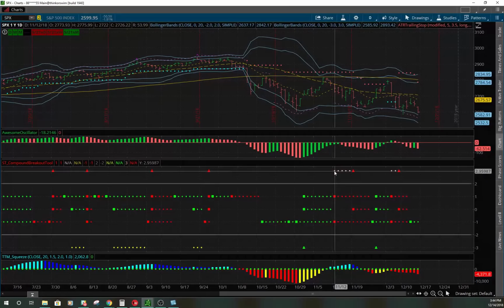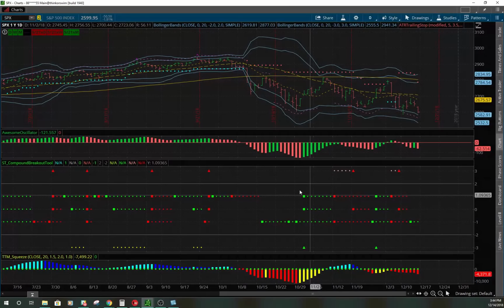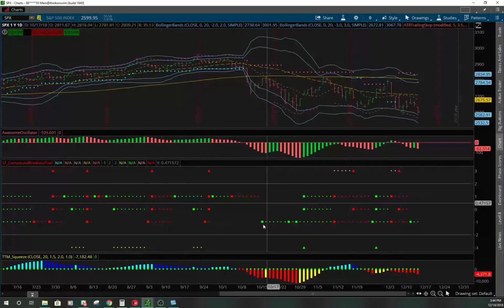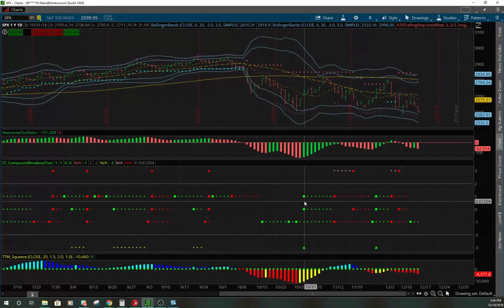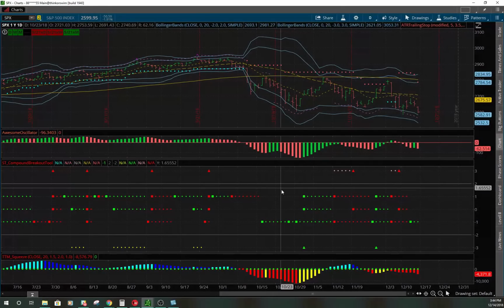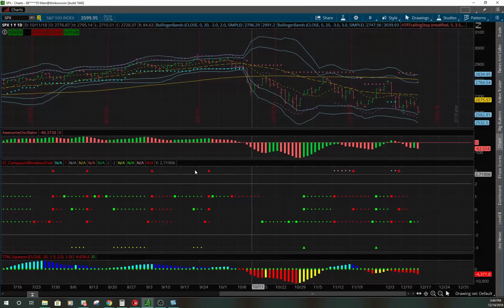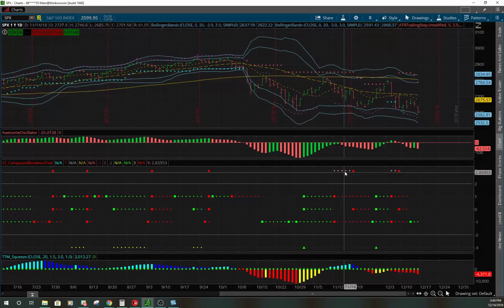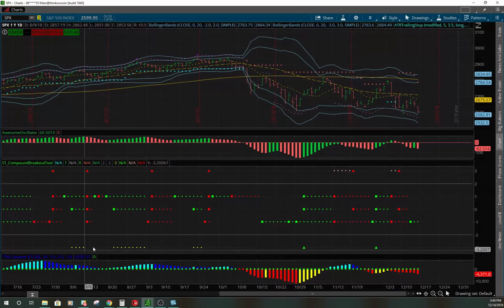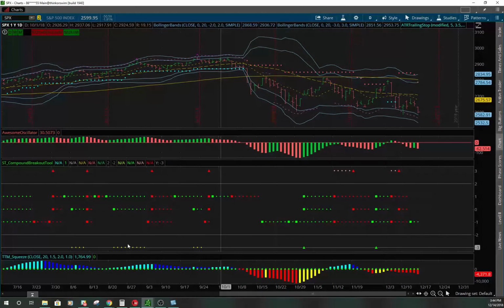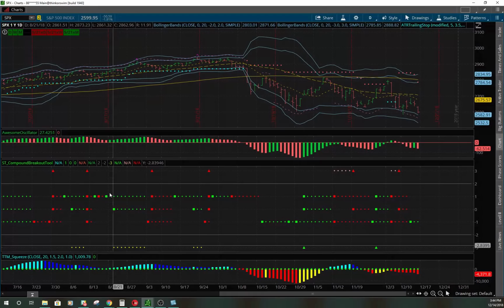You don't ever really have to look at these unless you're in a consolidating trend. If you're looking at this signal purely for entries on a bullish or bearish trend, all you have to do is focus on this top row for a bearish trend and the bottom row for a bullish trend. When 2 signals print, you'll start to see this dot print down here.